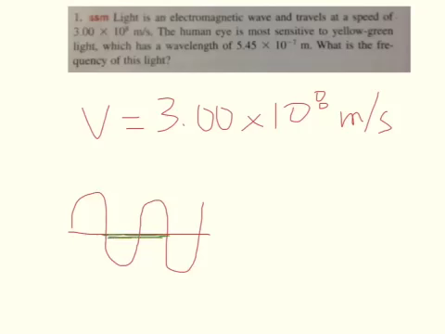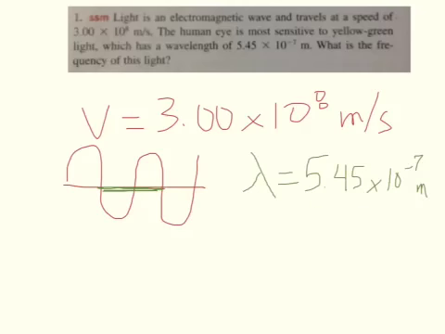And the symbol for wavelength is a lambda, which kind of looks like an upside down Y. And so that's our 5.45 times 10 to the negative 7th meters.